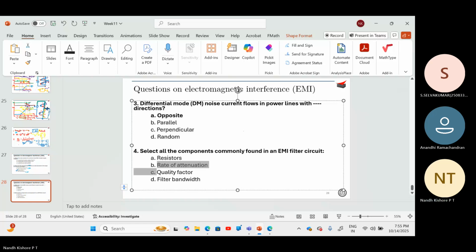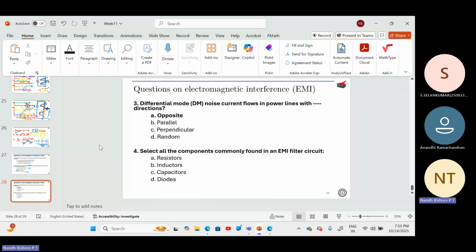Resistors, inductors, capacitors, diodes. So this is a multiple select choice question, okay? So there can be more than one correct answer. What are the correct answers for this? What are the components that are commonly found in an EMI circuit?